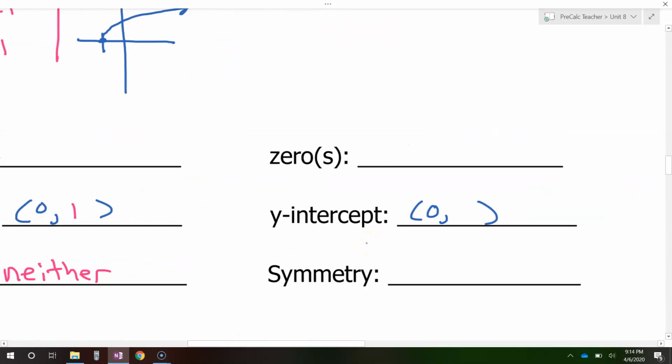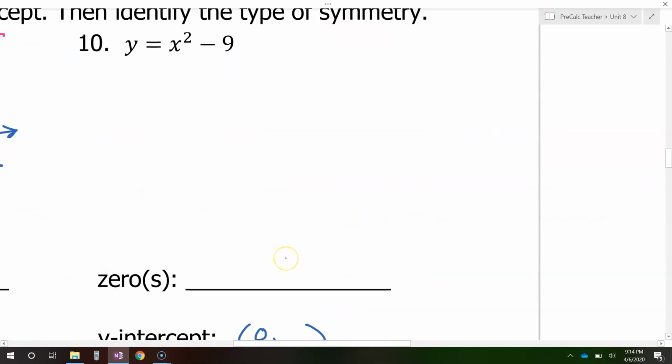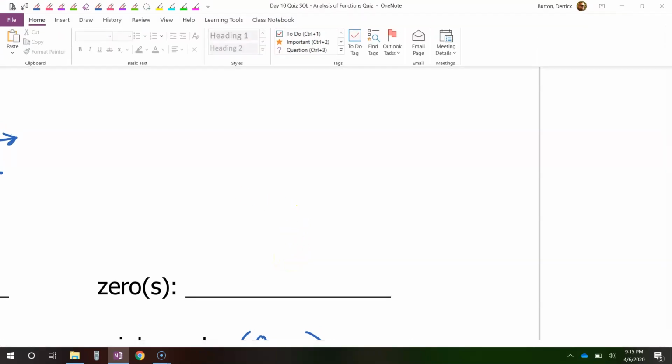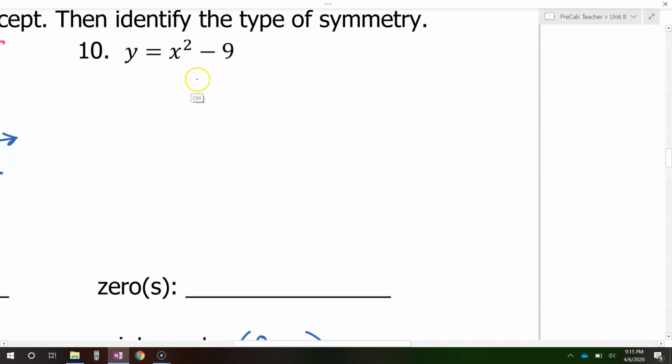Okay, what else? The zeros. The zeros are very closely related to the x-intercept, and you find x-intercepts by letting y equal 0.